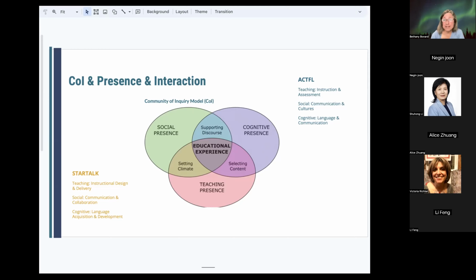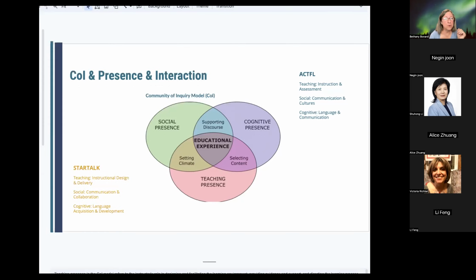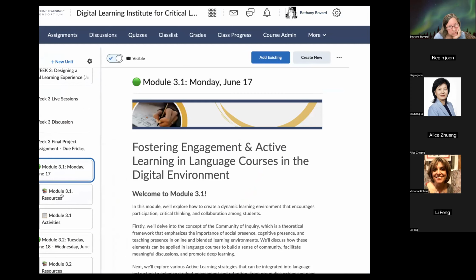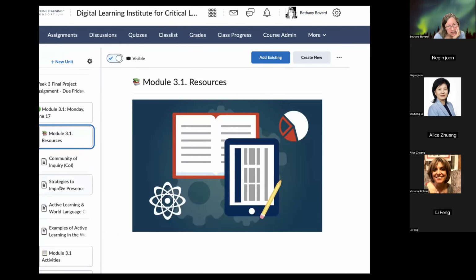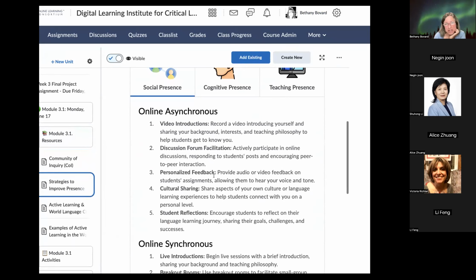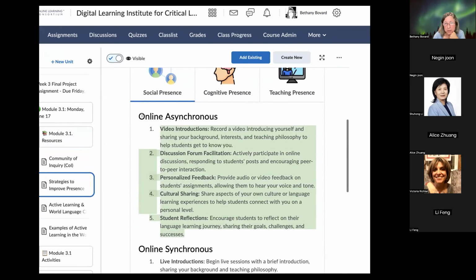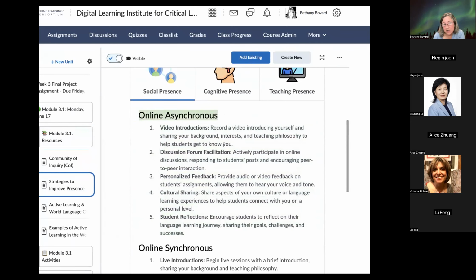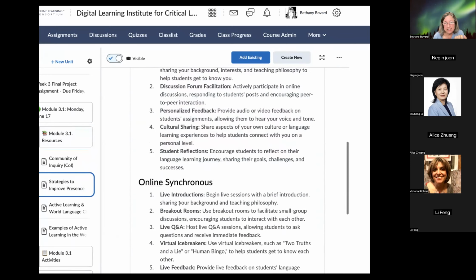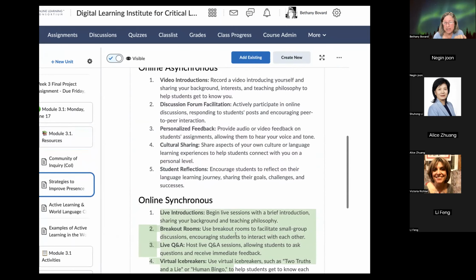So there are other examples in the classroom. In resources, there are strategies for improving presence. There are some general ideas for how to improve social presence in an online asynchronous environment, how to improve social presence in a synchronous environment, and so on.